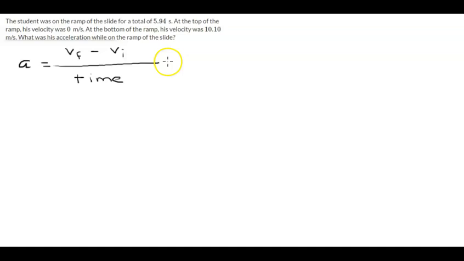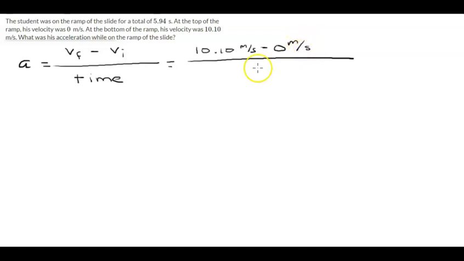So if I plug in my final velocity, which was 10.10 meters per second, minus his initial velocity, which was 0 meters per second, divide that by the time it took to go from 0 to 10.10 meters per second. So it took 5.94 seconds to do that.